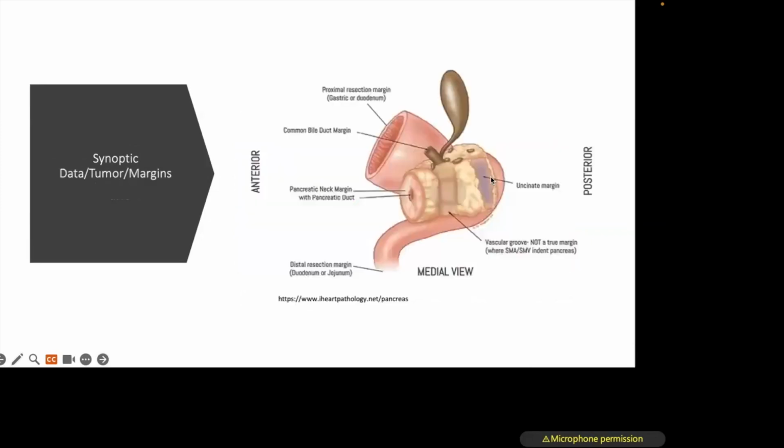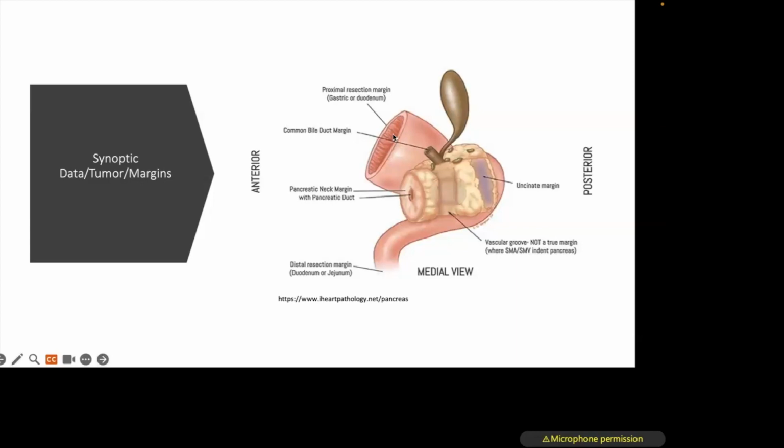And then let's talk about margins. So margins, like I said, is where the surgeon made the cut. Sometimes we'll receive a portion of stomach, sometimes we won't if it's pylorus sparing. But usually the margins for Whipple's or pancreaticoduodenectomy and gastrectomy are the gastric margin.